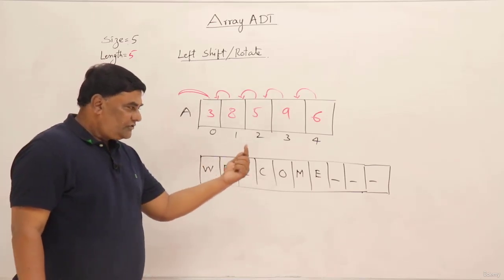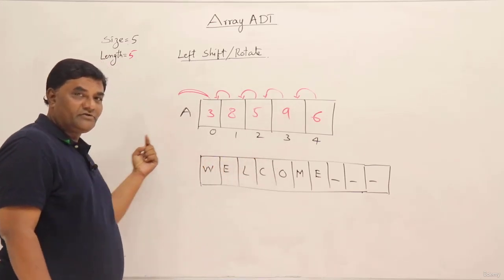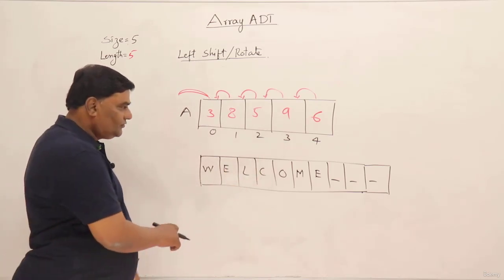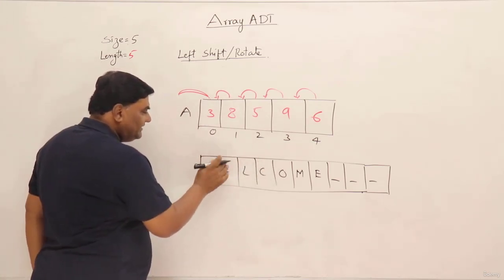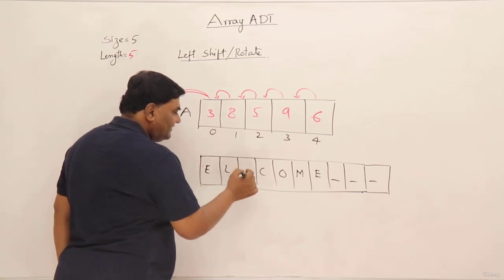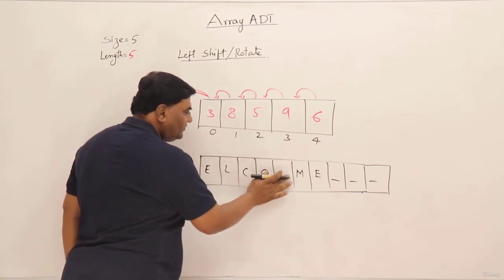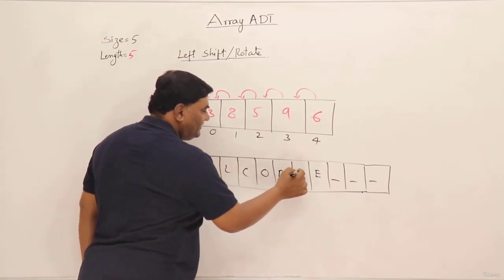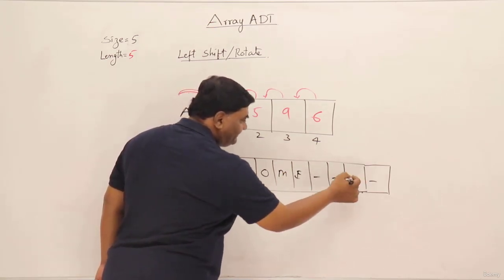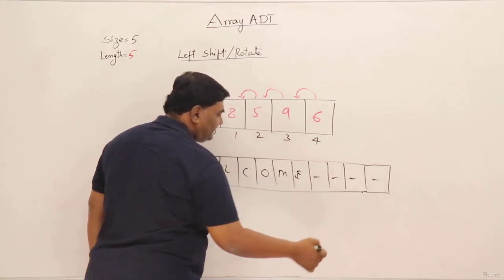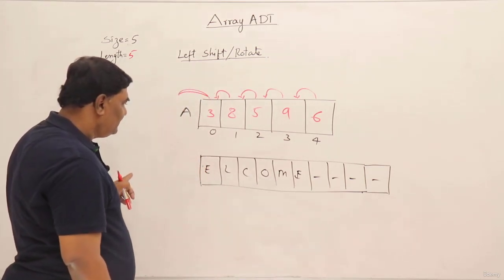Now we want to show it as moving, scrolling. So this should move this side. Remove W, move E here, move L here, and C, O, M, E, and the blank space here. At the end, add a blank. So W is gone.